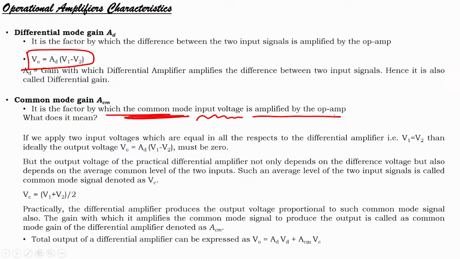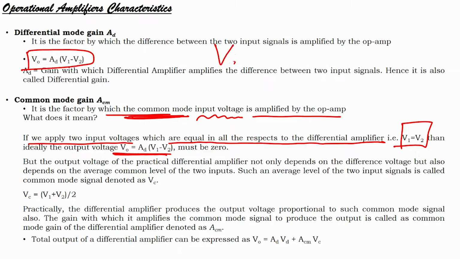So what does it mean? If we apply two input voltages which are equal in all respects to the differential amplifier, then V1 equals V2. So VO equals AD into V1 minus V2.